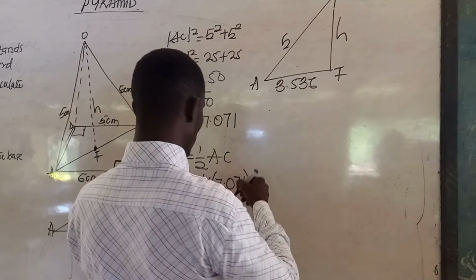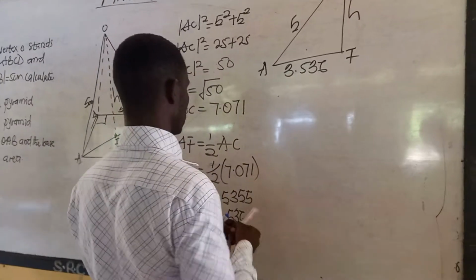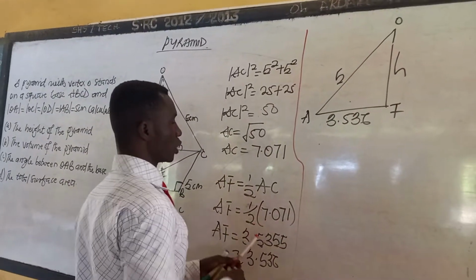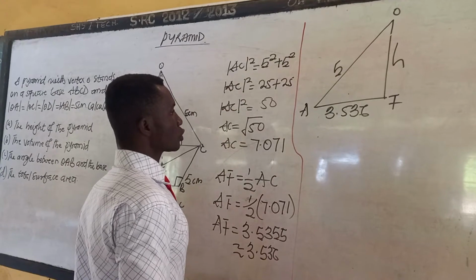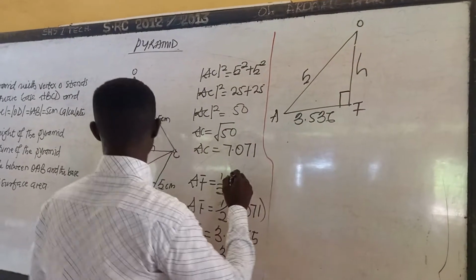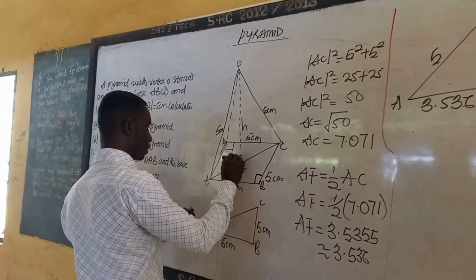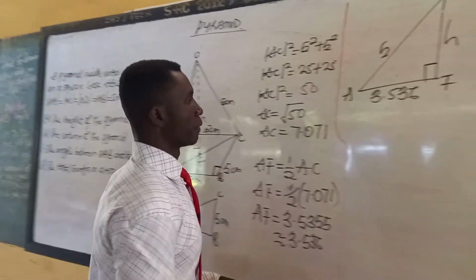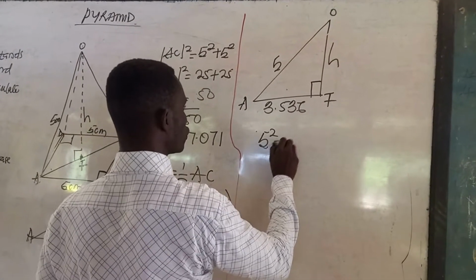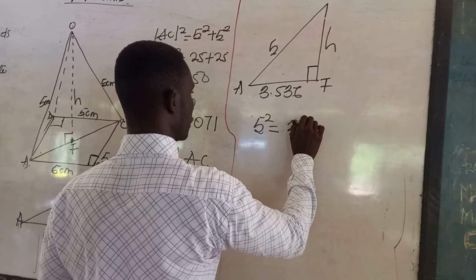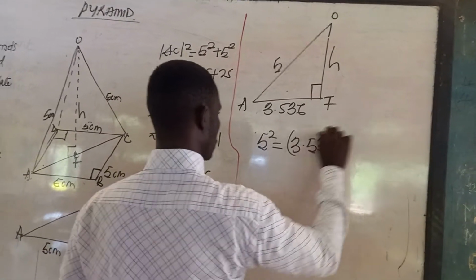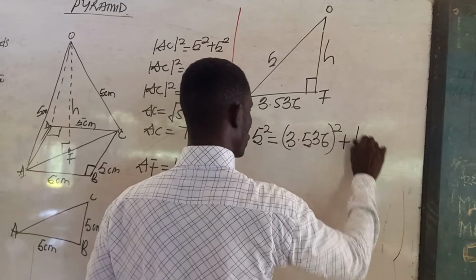And from Pythagoras Theorem, the hypotenuse squared, because this height is perpendicular to the diagonal, the hypotenuse squared, which is 5 squared, is equal to 3.536 squared plus h squared.